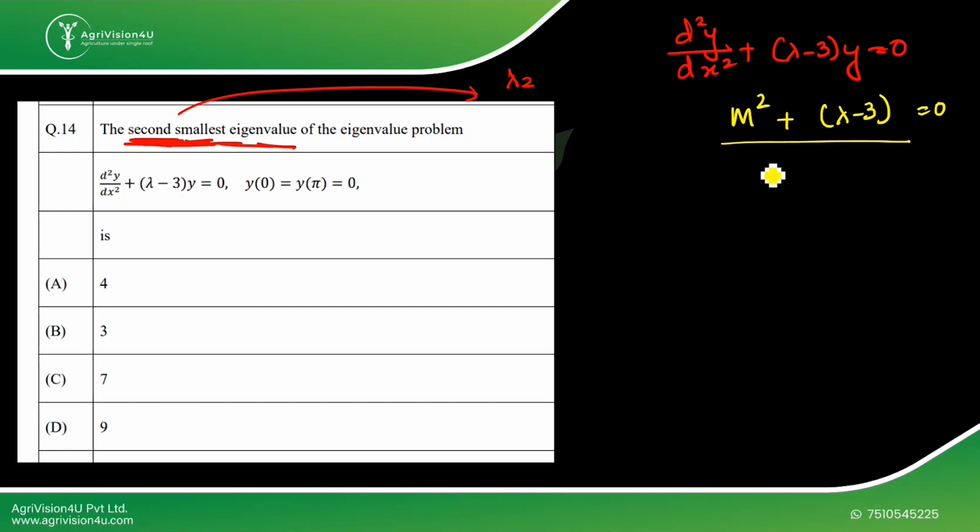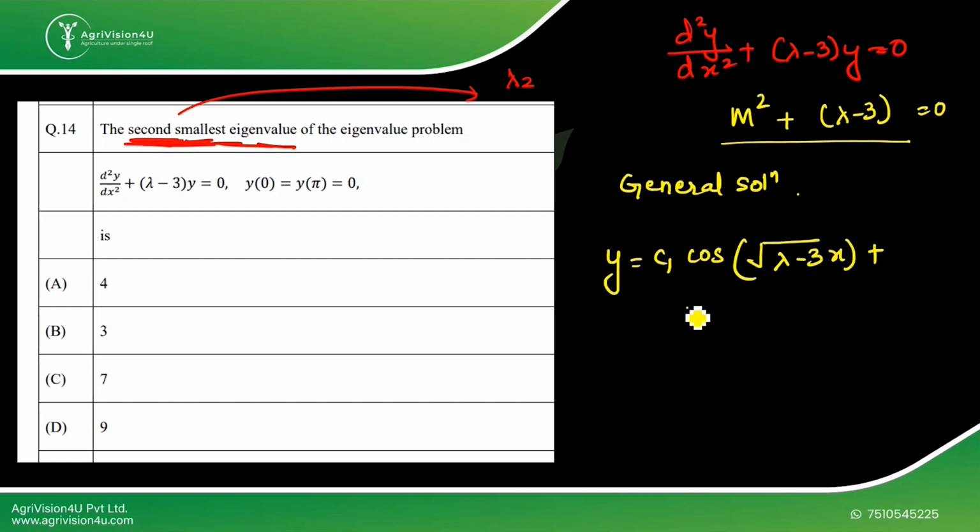What is the general solution that you can write? The general solution will be y equals c1, some constant, cos of under root lambda minus 3 x, plus c2 sine of under root lambda minus 3 x. This is how you can write the general solution.